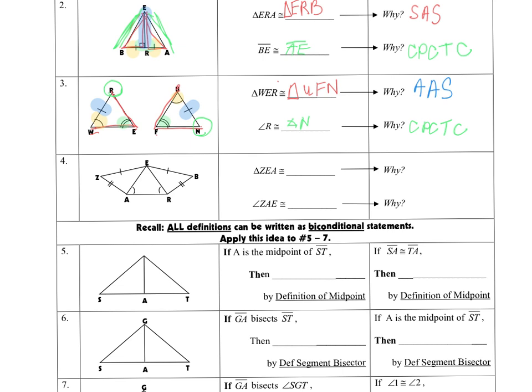All right, if we take a look at the next triangle here, number 4, we're looking at triangle ZEA. So triangle ZEA. And so we're looking to match that to triangle BER.